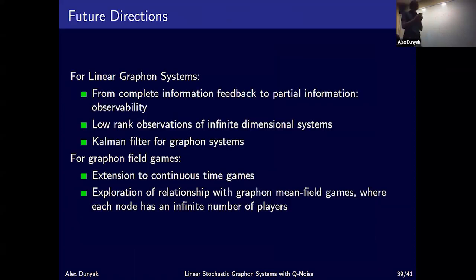All right, so finally, for a few future directions that we're looking into right now, we're going to move from complete information feedback to partial information. Specifically, for linear graphon systems, we need to look at the observability of these graphon systems in infinite dimensions, and in low rank.